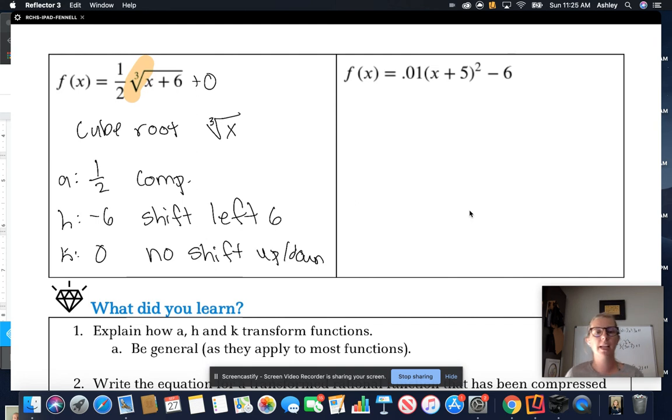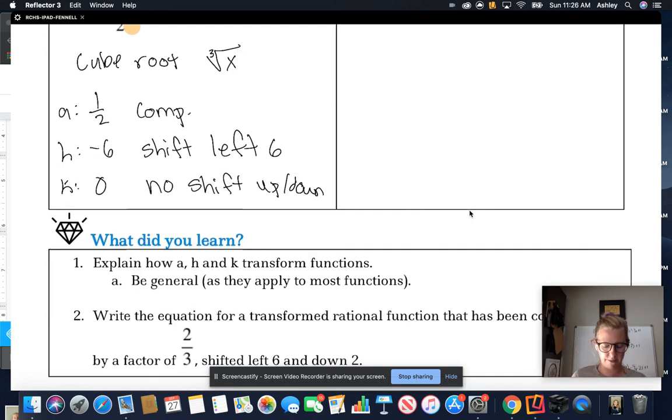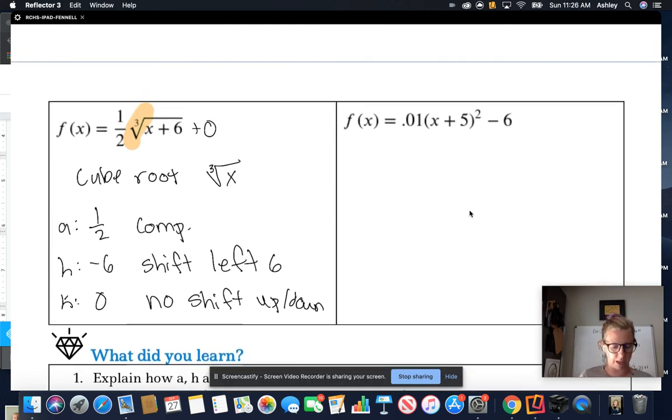All right, last but not least, we have our quadratic function. We have that square term there, so this is my quadratic. The most basic version would just be x squared, the mother function of the quadratic. A in this case is 0.01. That's a really big compression, right? 1/100th.